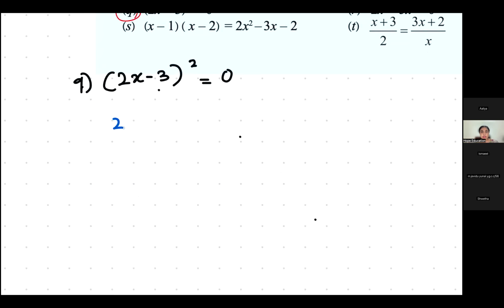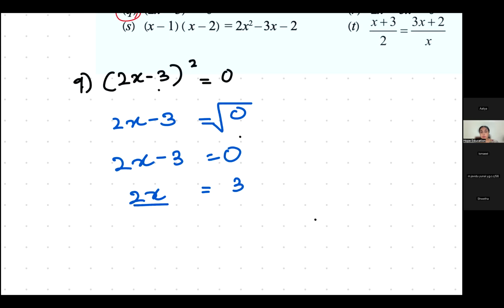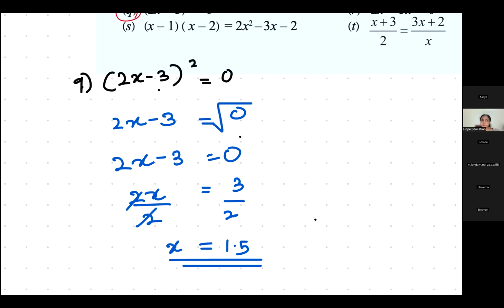When the square goes to the other side it becomes a square root. The square root of 0 is still 0, right? Then the 2x minus 3, when it goes to the other side, becomes plus 3. Divide both sides by 2. The 2 cancels and we get 3 divided by 2 is 1.5. Is this clear to all of you?